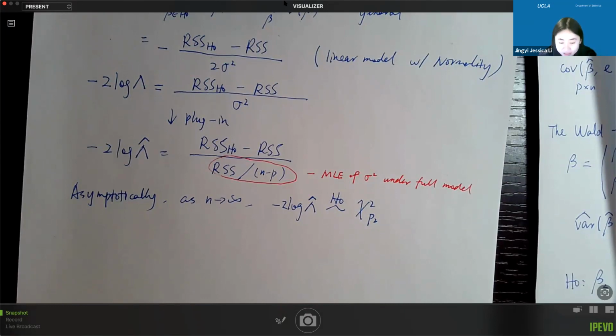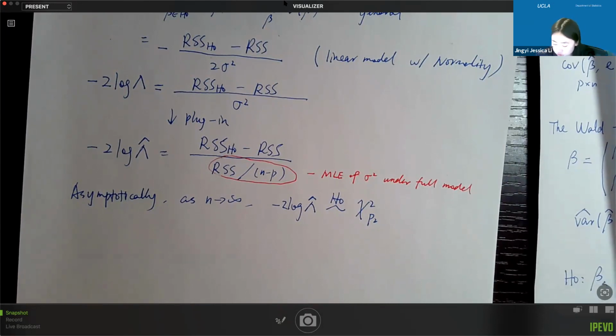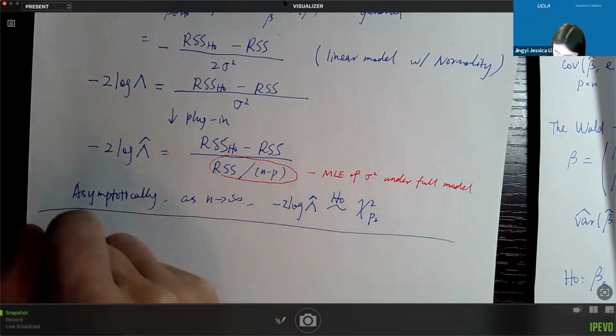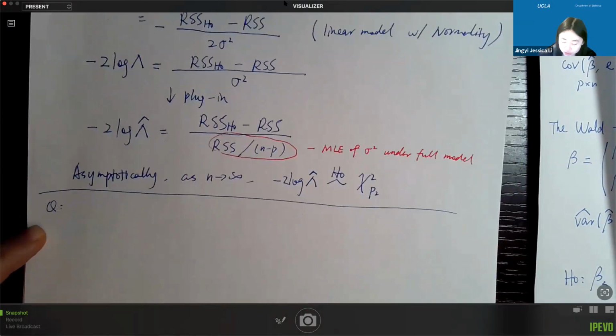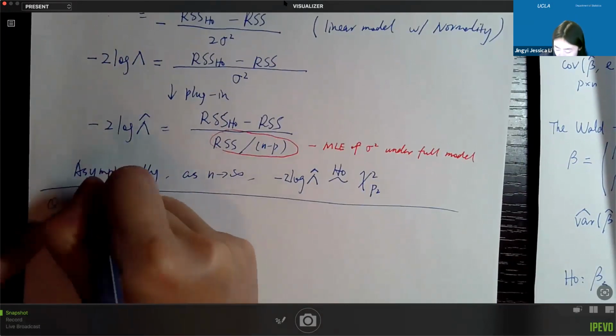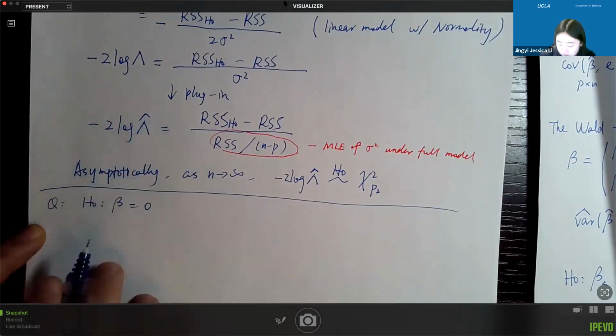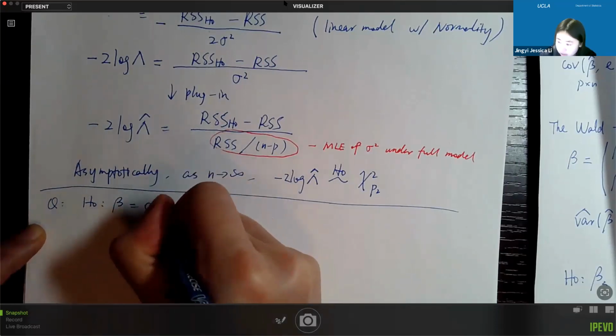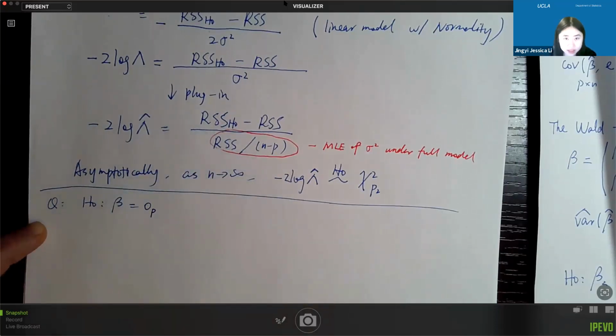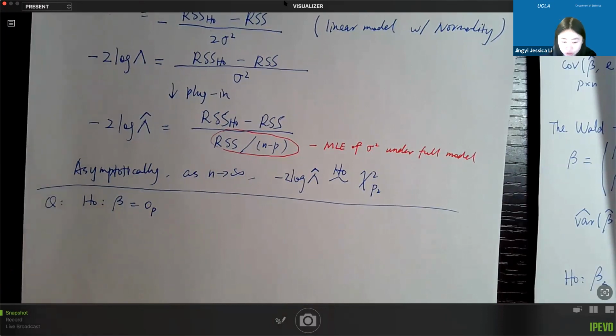Okay, so I think I had a take-home question for you in our last lecture. That is, if I have two possible options. So if my question is this null hypothesis, that the p-dimensional beta vector is 0, then I have two options.